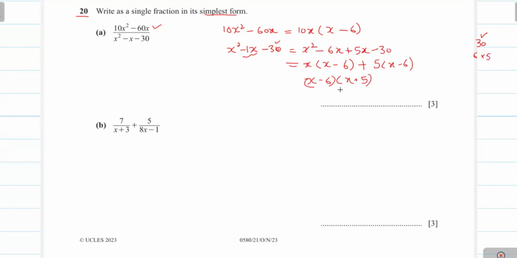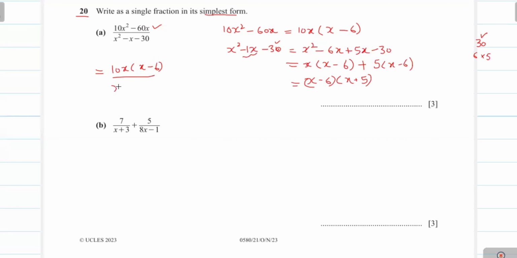We can write the expression as 10x into x minus 6 over x minus 6 into x plus 5, and we can divide x minus 6 by x minus 6. The remaining fraction becomes 10x over x plus 5, and this is the answer.